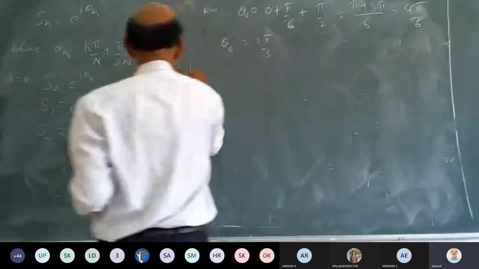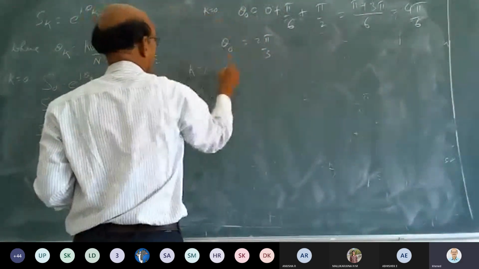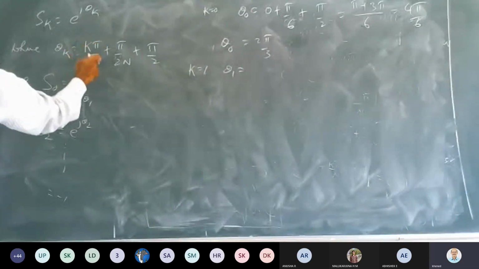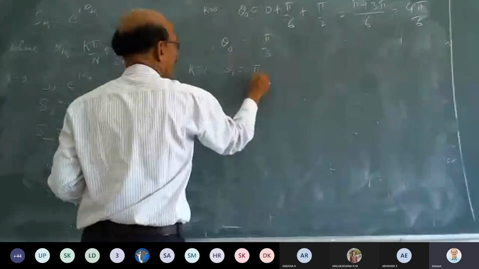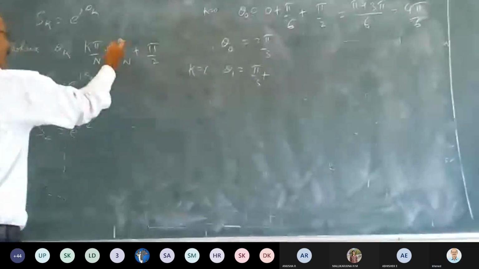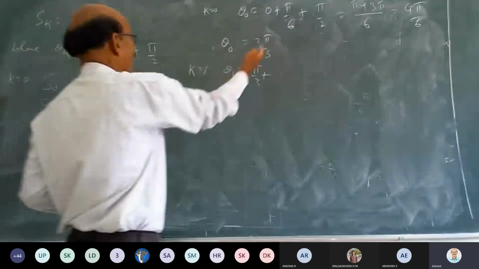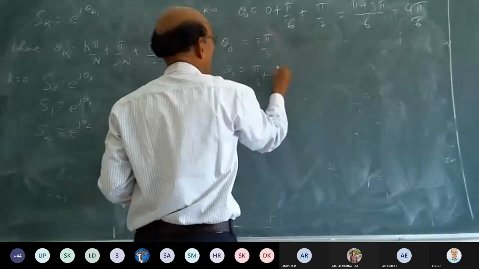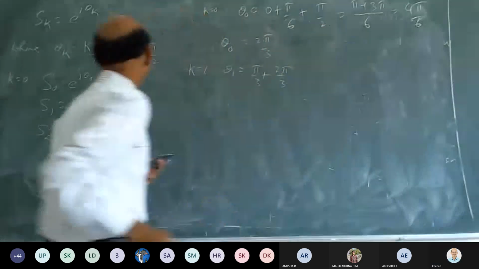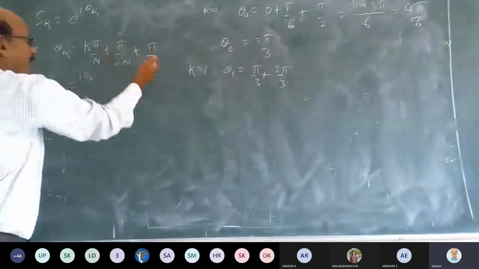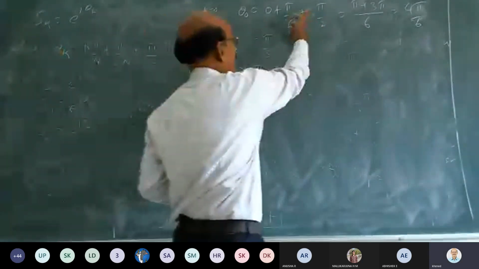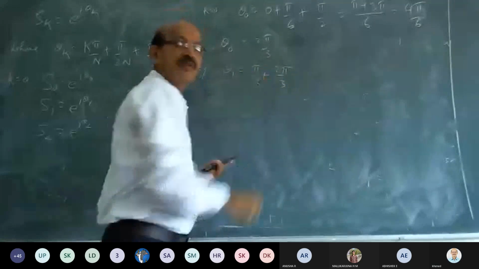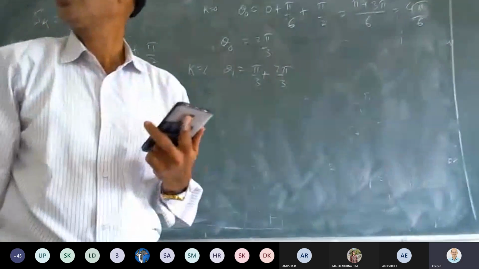Similarly, for k equal to 1, I get theta 1 is equal to 1 into pi by 3 plus pi by 2n, which is again pi by 6 plus pi by 6, that is 2 pi by 3. Because pi by 2n plus pi by 2 I have already calculated, I can simply add 2 pi by 3.